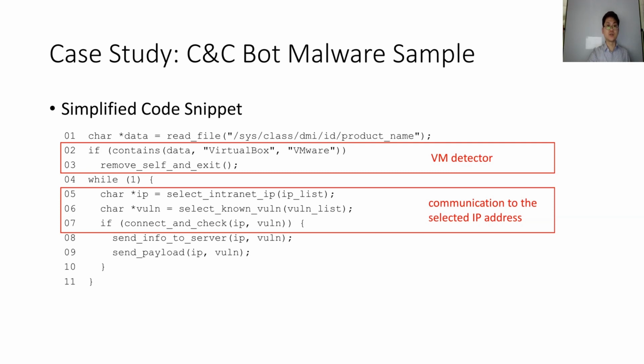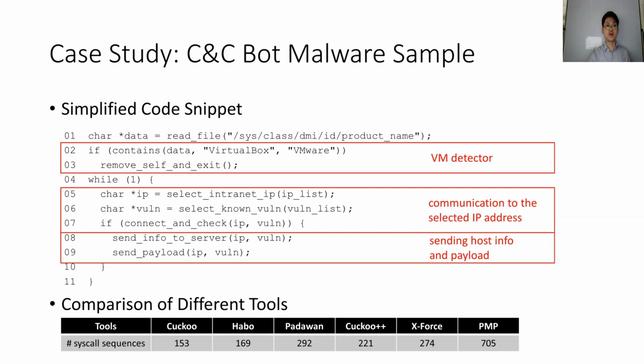If so, the information about the vulnerable host is sent to the server, and the payload is sent to the vulnerable host. The comparison of different tools on this malware is shown in this table. As we can see, PMP exposes the most behavior. Further manual inspection shows that Cuckoo and Harper cannot expose the aforementioned behaviors.